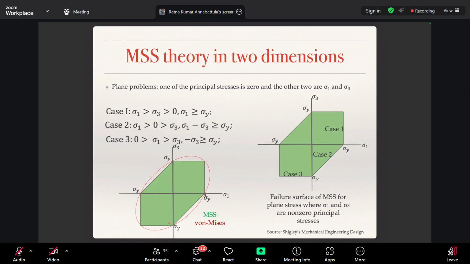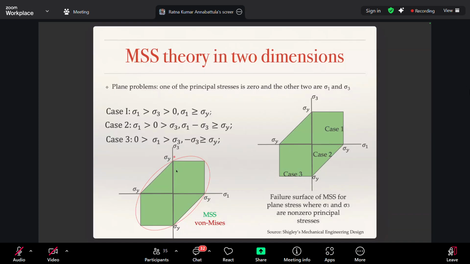Now you will see that when you are having uniaxial tension along sigma 1 or sigma 3 uniaxial compression, the maximum shear stress theory and distortion energy theory give the same failure. Any other point, there will be a variation. For example, if you look at this point, it is the same for maximum shear stress theory and distortion energy theory. So if your stress state is along that line, then both of them will give you same factor of safety. We will talk about it in the next class.